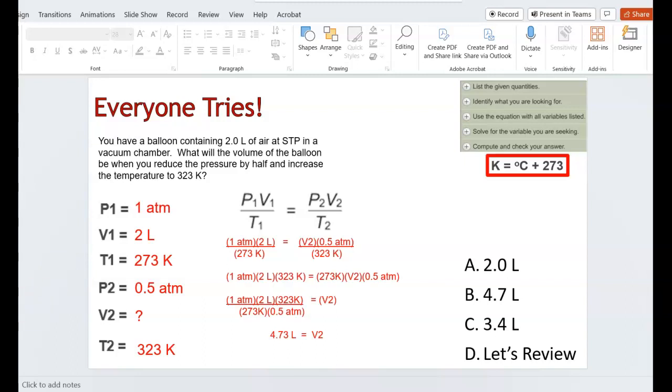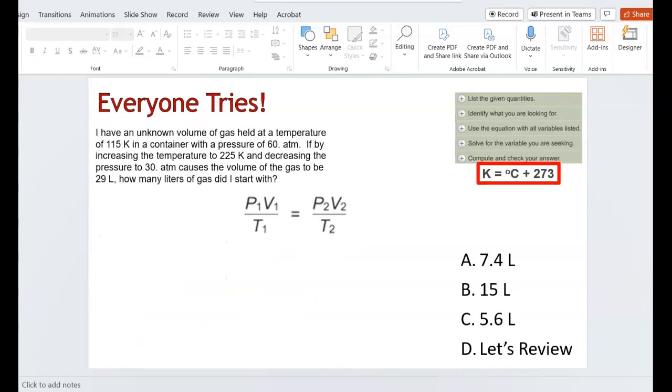Okay, 2 more. Here's the next one. I'll let you read through, and when you're ready, put the recording back on and check your work. This one is a little bit unique again because it's asking how many liters did I start with, so again we're solving for an initial value.